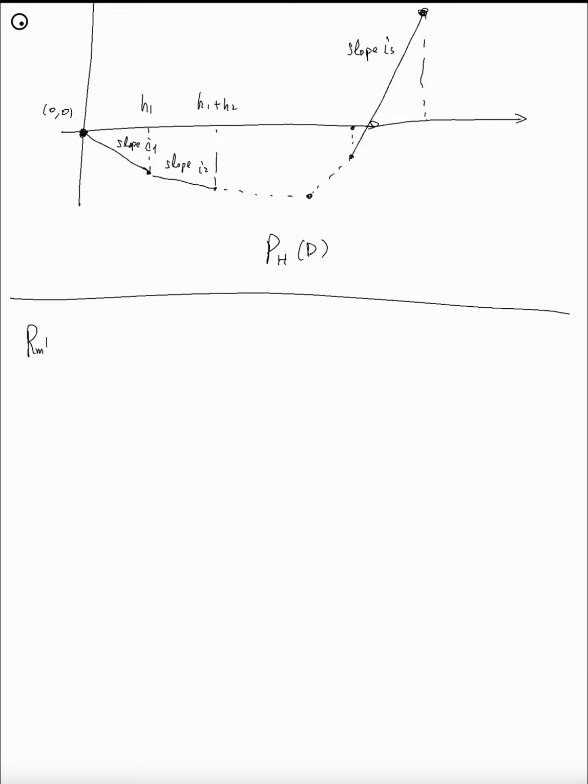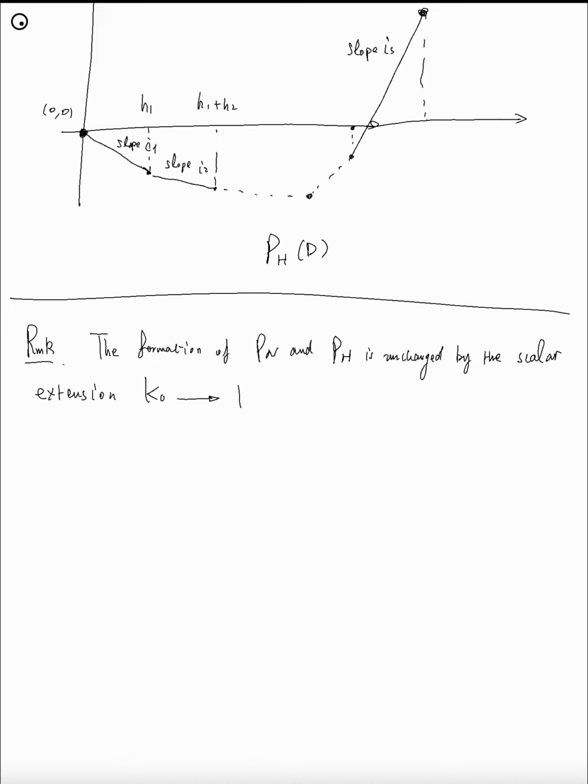Remark. The formation of Pn and Ph is unchanged by the scalar extension K0 to K0 unramified completion.